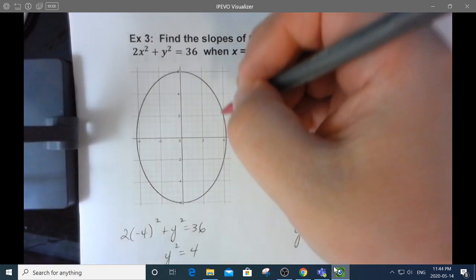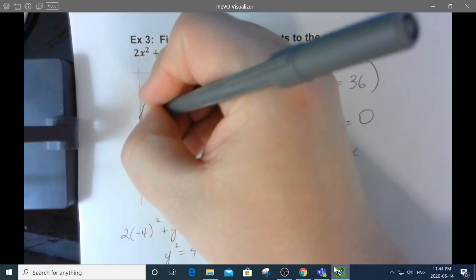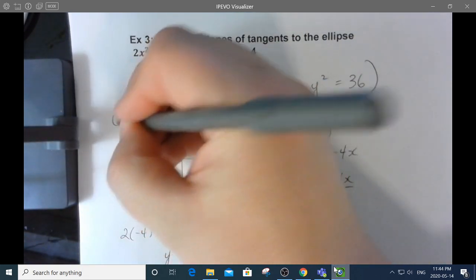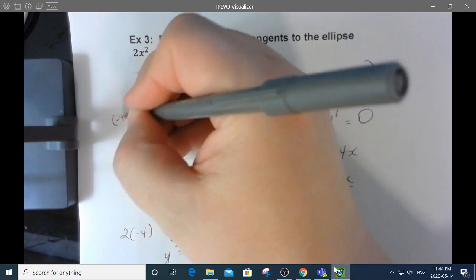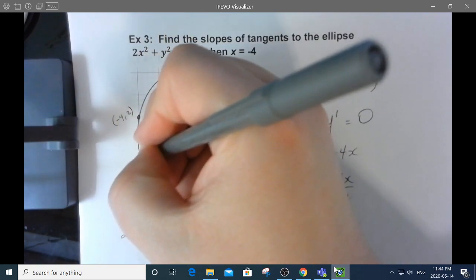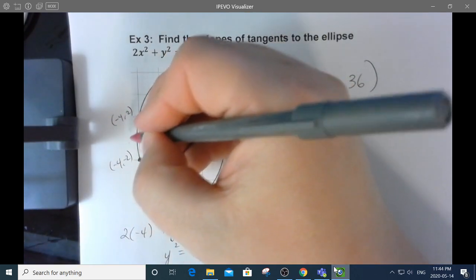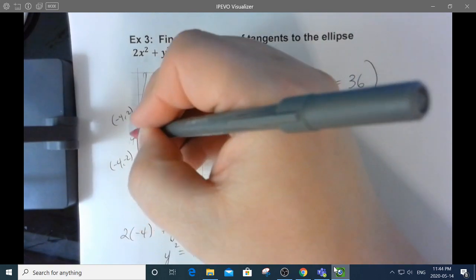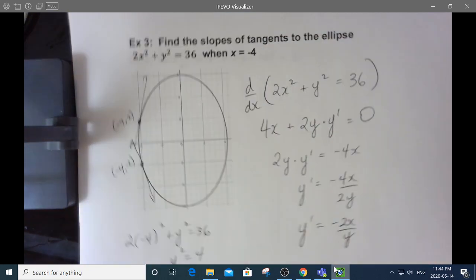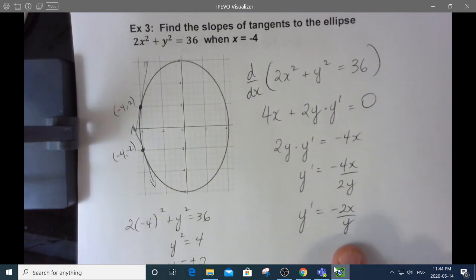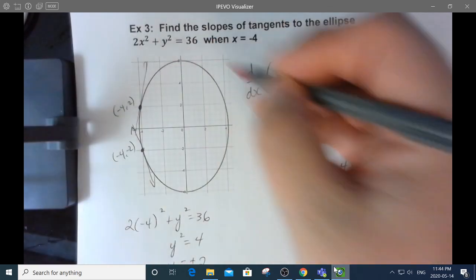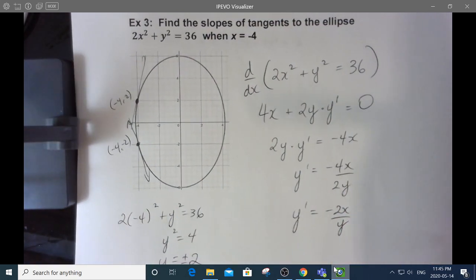Right, when x is negative 4, looks like there's a spot here at 2. So negative 4, 2. And there's a spot here at negative 4, negative 2. And we're going to have, again, a tangent this way and a tangent that way. And I need to find the slopes of those tangents, and the equation for the slope everywhere around here is negative 2x over y.